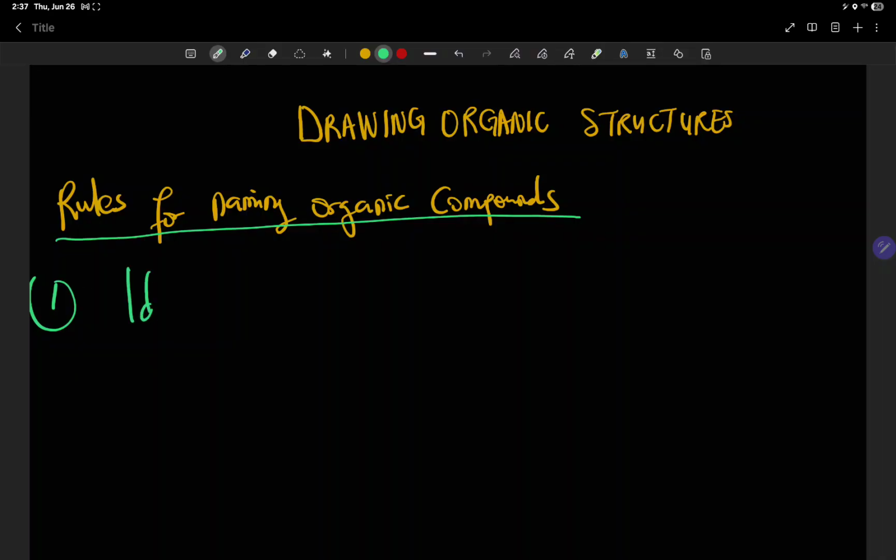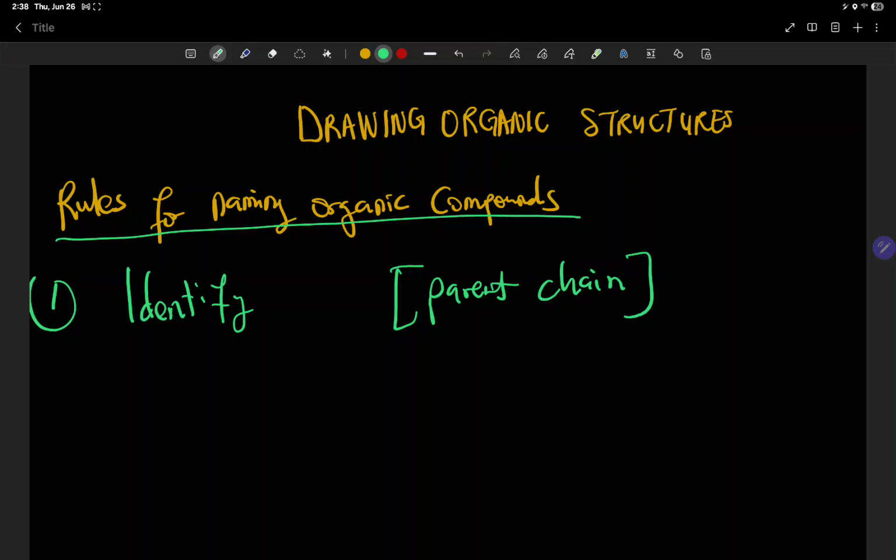You identify the longest carbon chain. The longest carbon chain is always known as the parent chain. The parent chain, that is where you build up to name your organic compounds.